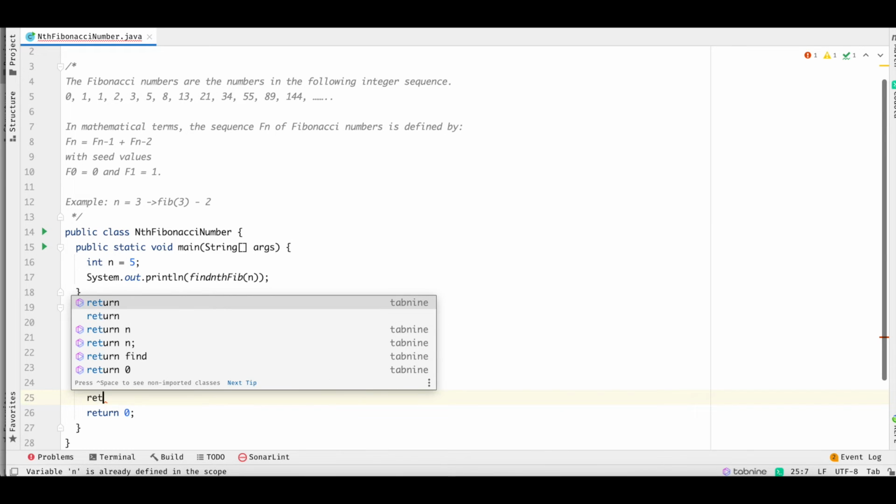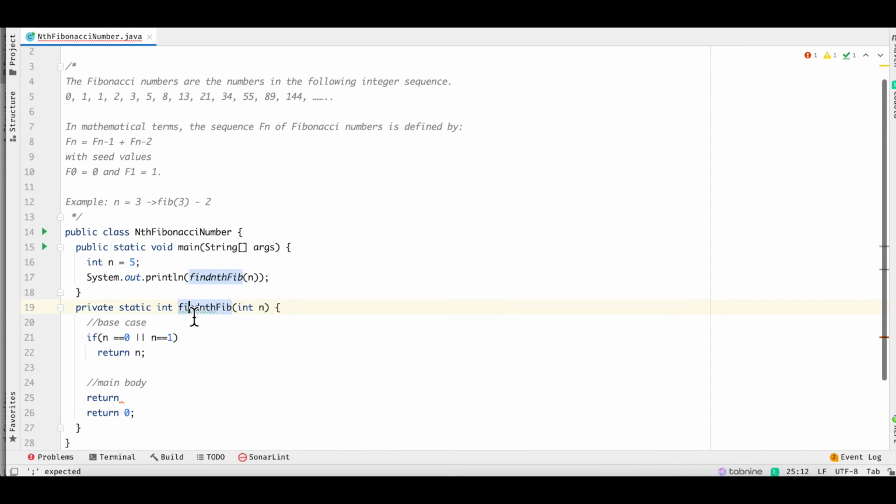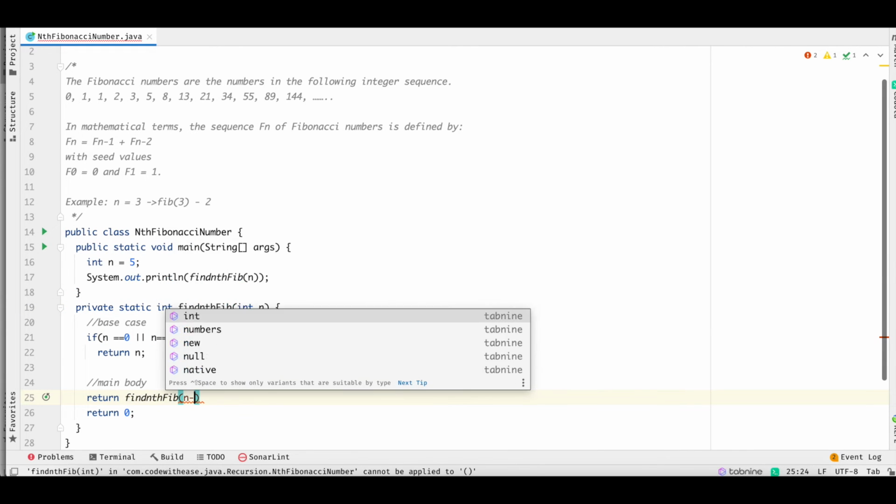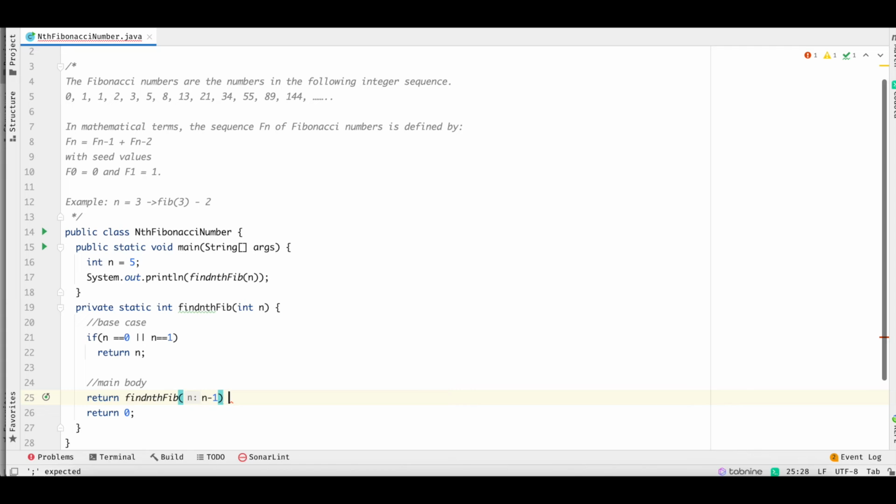We can say return this method, whatever this method is, we are calling it, but in this case, we are calling n minus 1. And we are adding it up with again the same method, and then we are passing n minus 2. Which means whatever this method gives us for n minus 1 and whatever it gives us for n minus 2, we are combining the results, and that is what we are returning to every invocation of n.